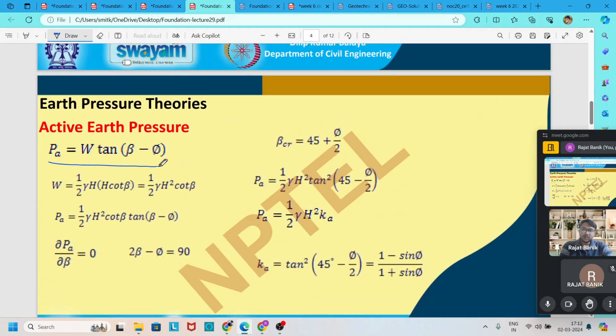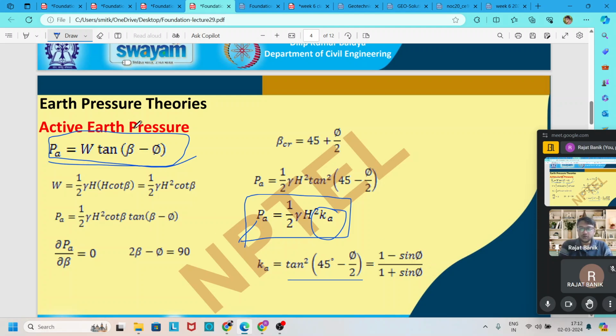By solving this force triangle, we find that the active thrust is half gamma h square Ka. Thrust is nothing but force. Ka is called the active earth pressure coefficient, which is equal to tan square of 45 degrees minus phi by 2, or equal to 1 minus sin phi divided by 1 plus sin phi.